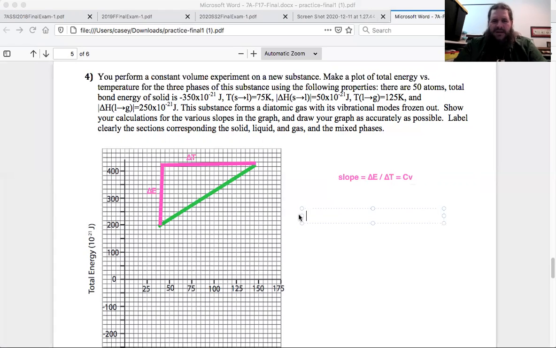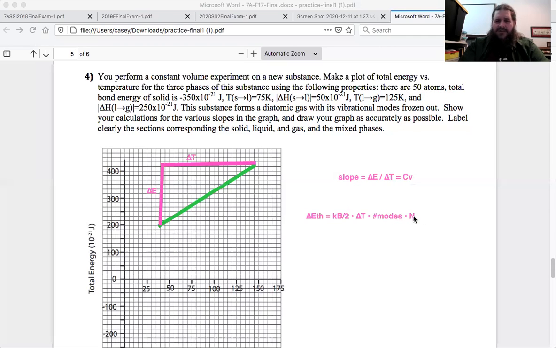Because generally, heat capacity at constant volume comes from the thermal energy formula, our usual 1/2 kBT, or delta T, times number of modes times number of molecules. In this case, I'm going to use number of molecules instead of anything involving moles or Avogadro's number, because it tells us there's only 50 atoms.